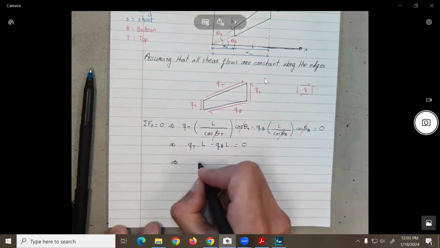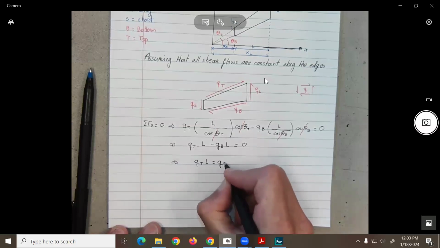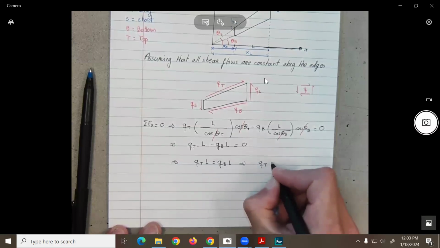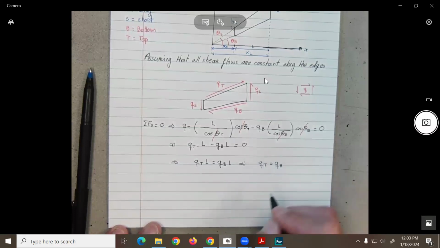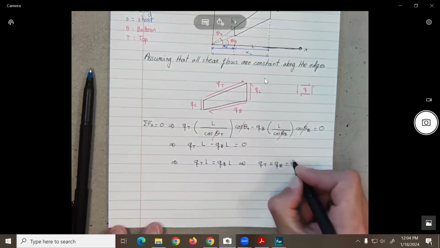This will just give you that Q_T L equals Q_B L, or Q top equals Q bottom. And since they're equal, I'm going to use the notation Q hat.